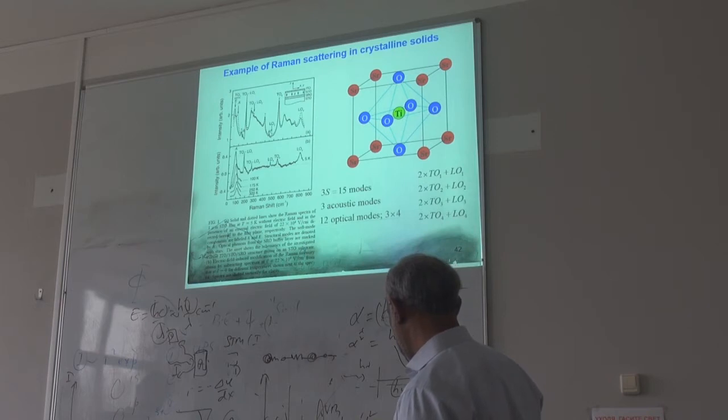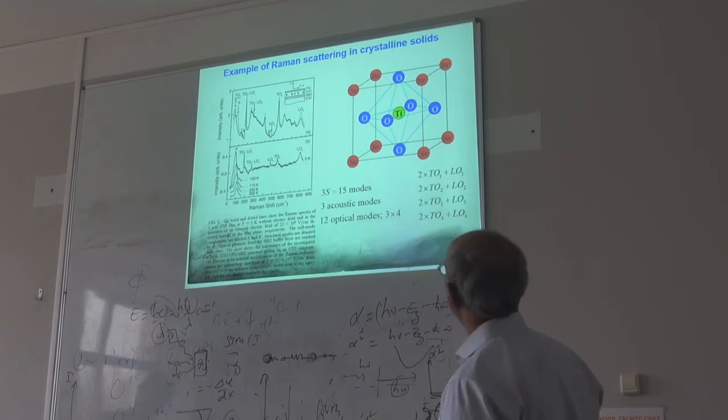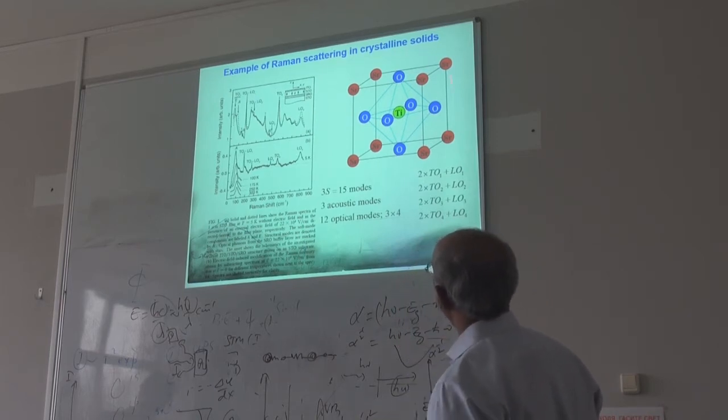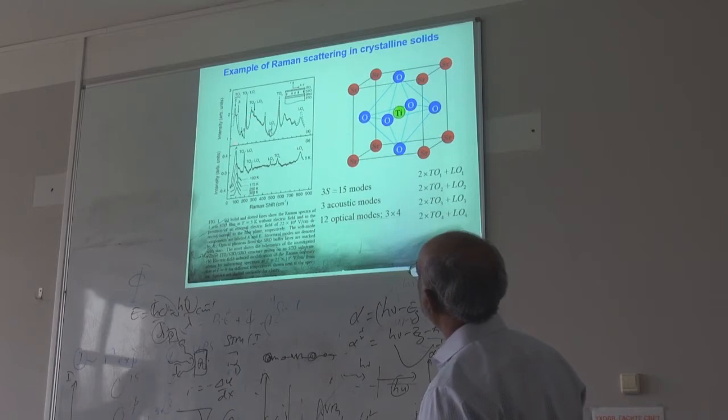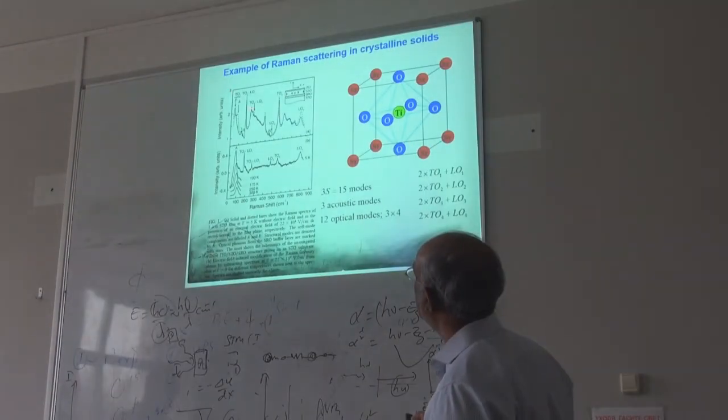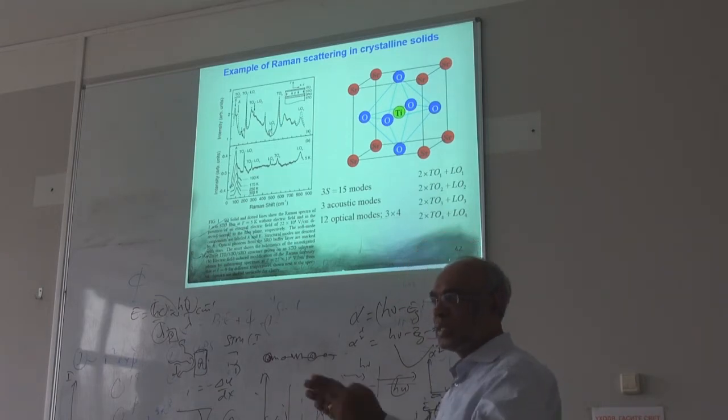So here you can see some perovskite material. So you can see a lot of Raman modes. So this means transverse optical. This means longitudinal optical. So everybody familiar with transverse versus longitudinal?